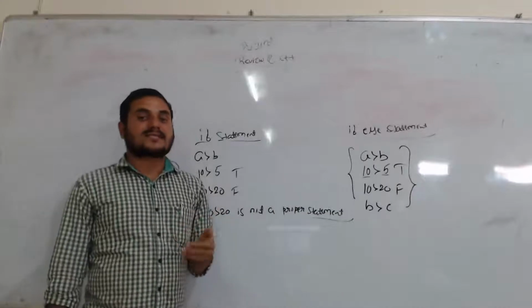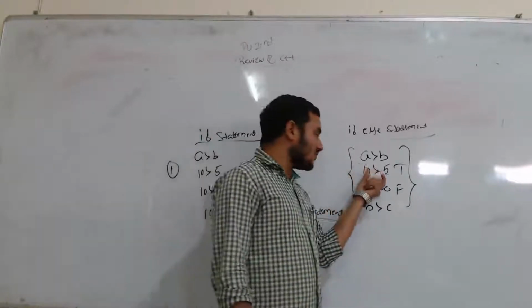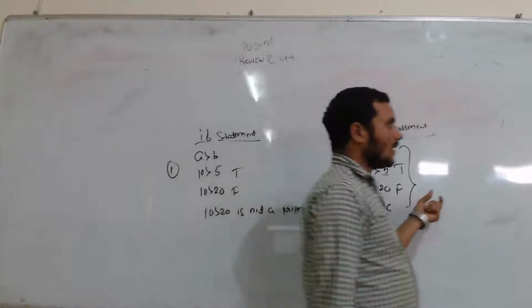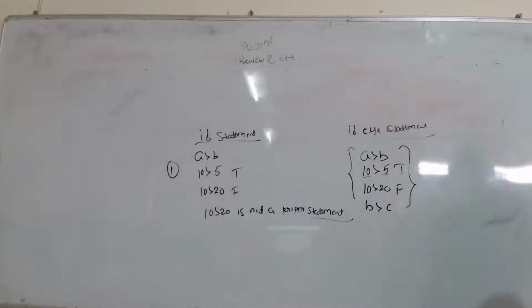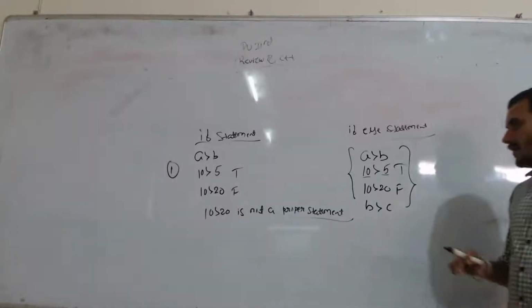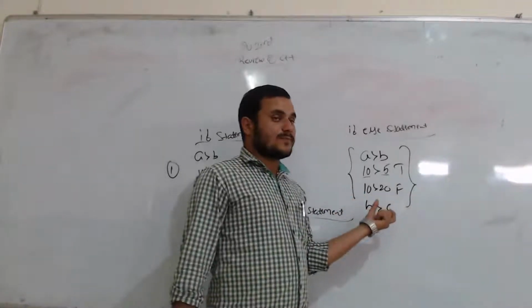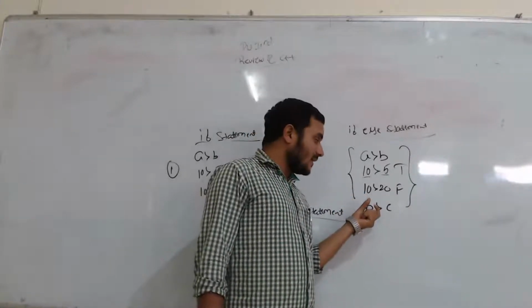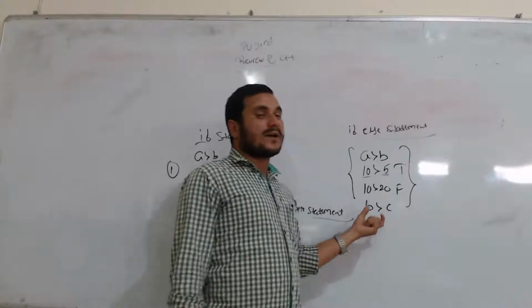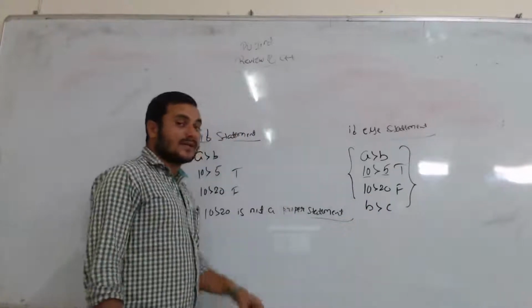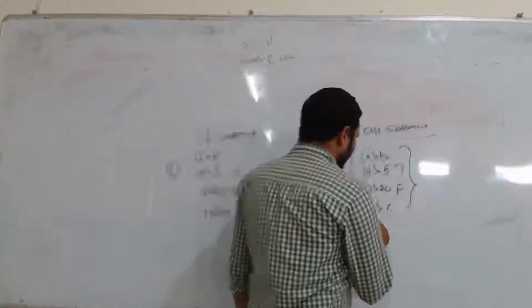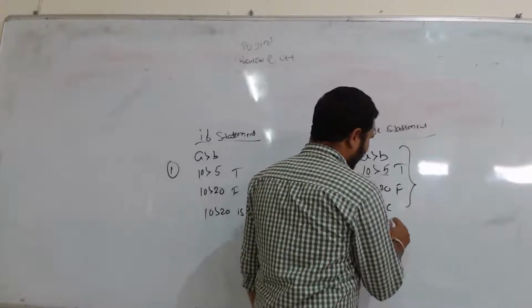In case the statement is false, it goes to the else part. After going to the else part, it will check the second condition, B greater than C. For example, 20 greater than 10.